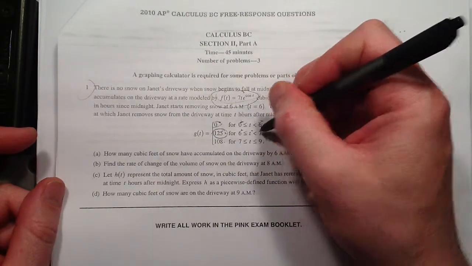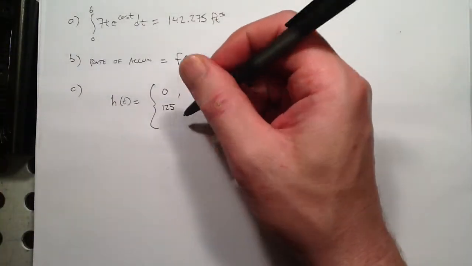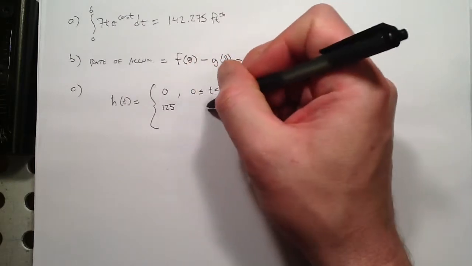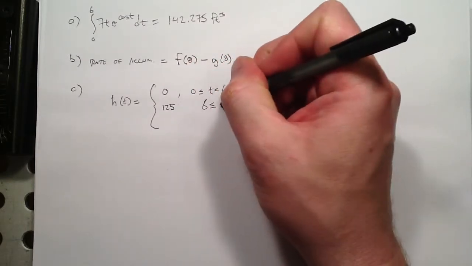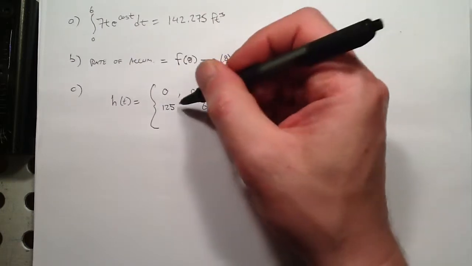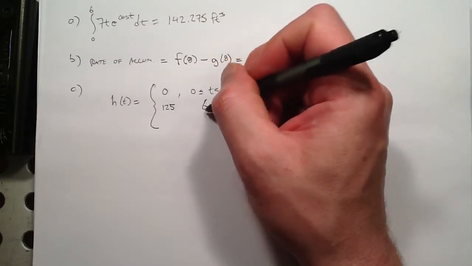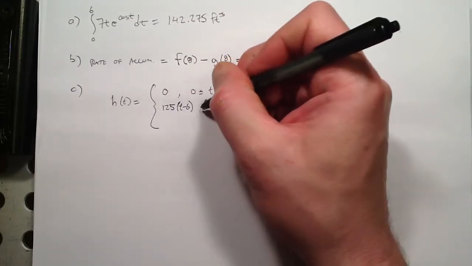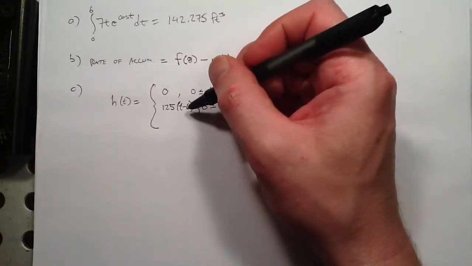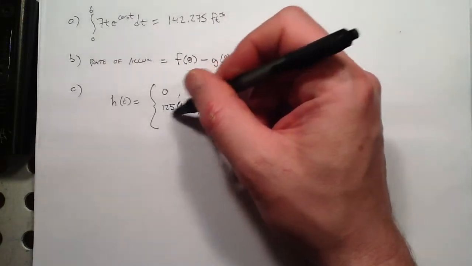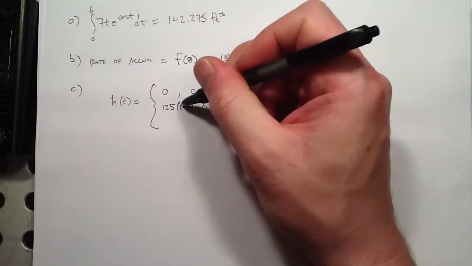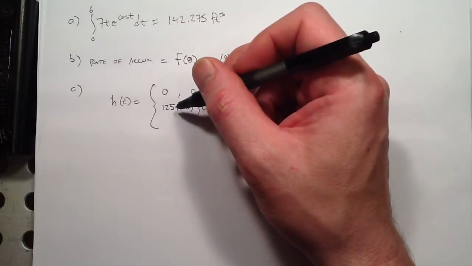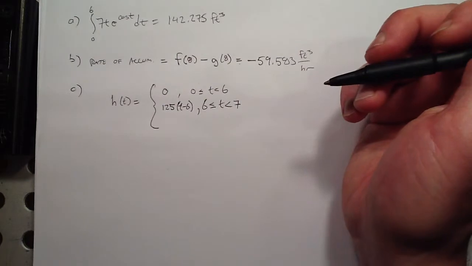Because this is only from 6 to 7. So your first thought might be to do 125t here, but that would put a 6, because this is going to be the 6 to 7 piece, right? And it's really only from 6 to 7. This is when she first starts to do it. So instead of multiplying by t, we really need to multiply by t minus 6, right? So that at time 6, that's when this starts ticking up. And by time 7, 7 minus 6 will be 1. She will have removed 125 cubic feet of snow. Of course, that makes sense because that's her rate per hour.